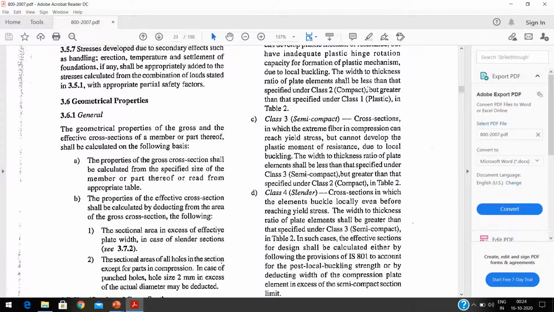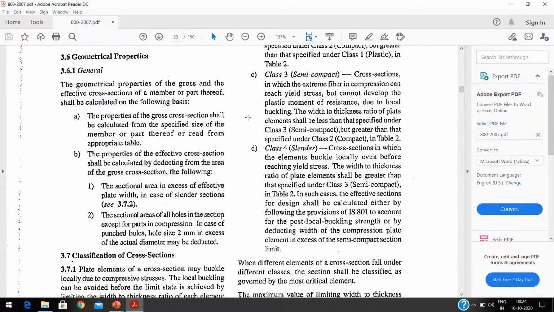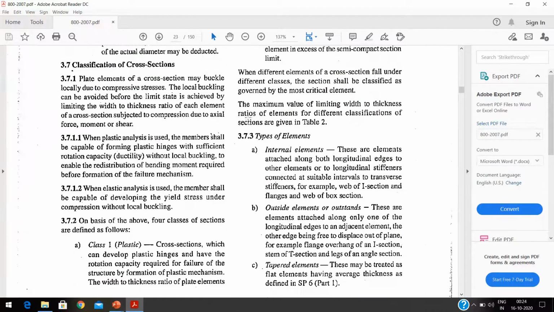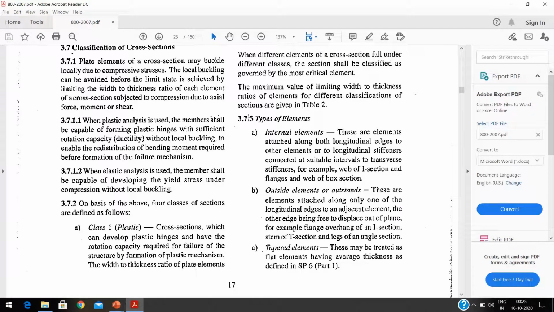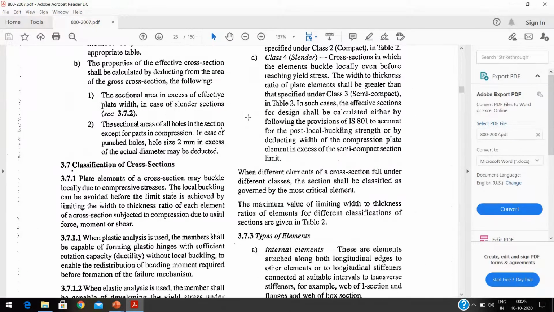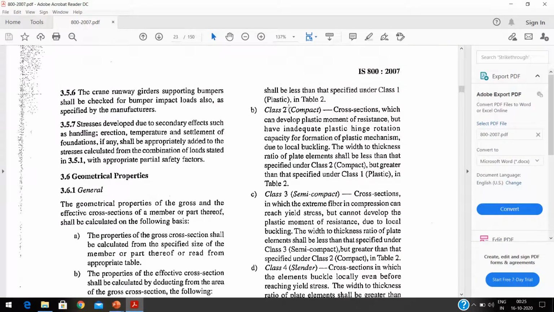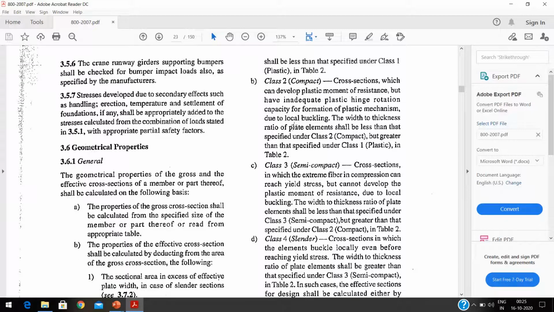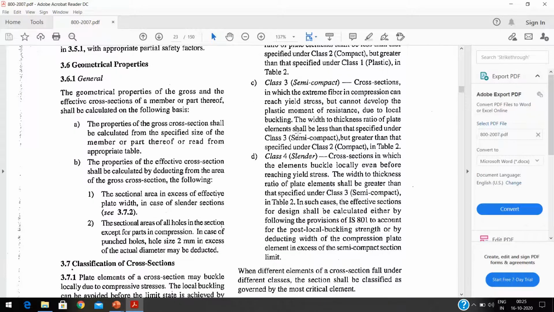So here you can see in this clause number 3.7, it has been divided into the following classes: class 1 is plastic, class 2 is compact, class 3 is semi compact, and class 4 is slender.